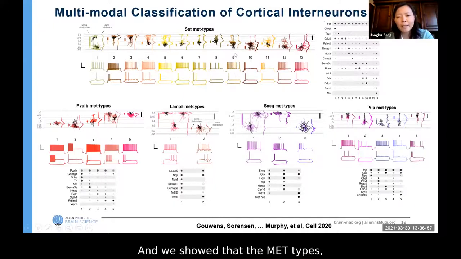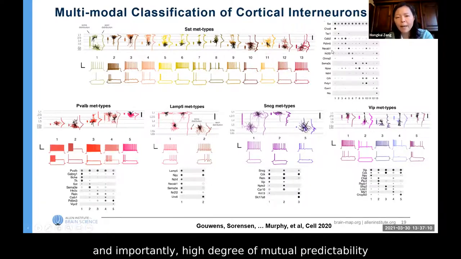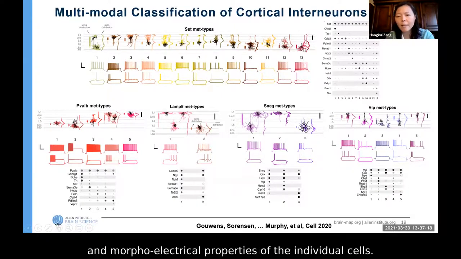And we showed that the cells within each MET type display a high degree of congruency of all three modalities of properties, and importantly, a high degree of mutual predictability between transcriptomic identities and the morpho-electrical properties of the individual cells.